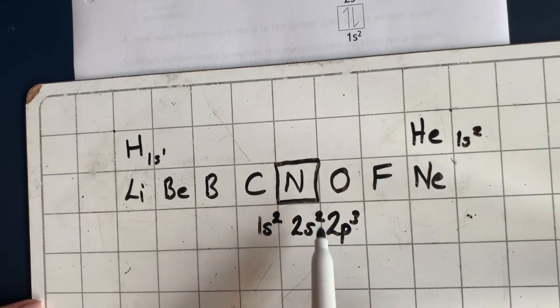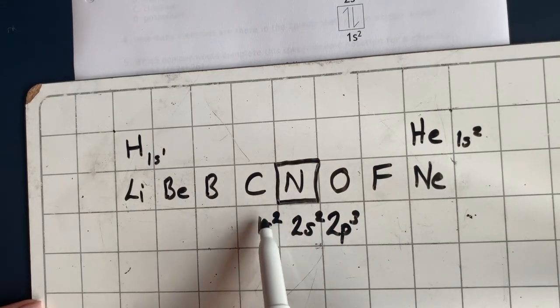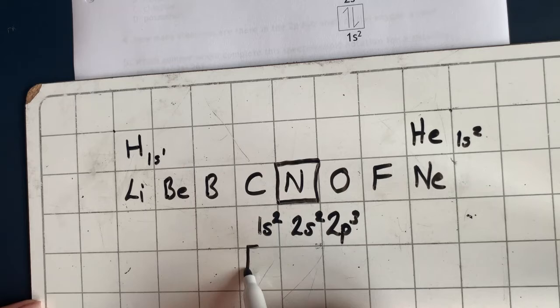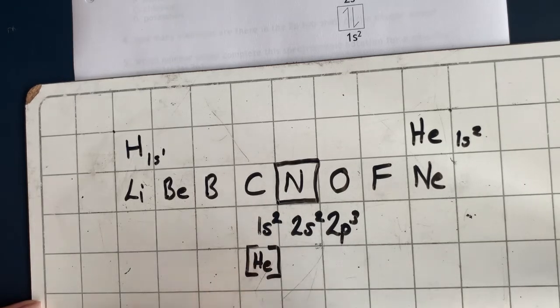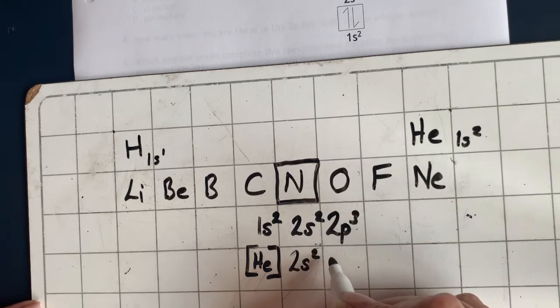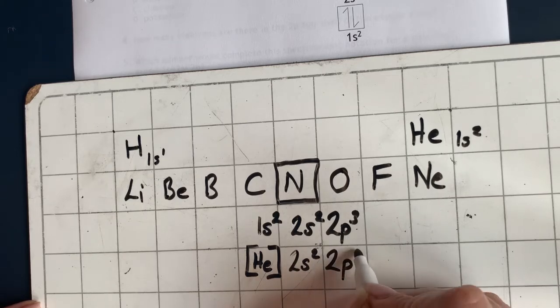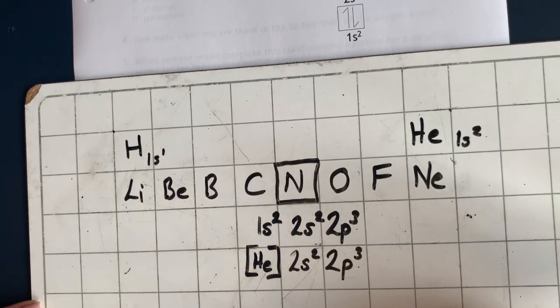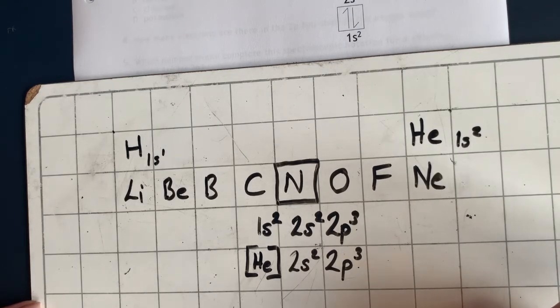So for nitrogen, we can take out our 1s2 and just use the electron arrangement of helium, and then say that we've got [He] 2s2, 2p3, which is the shortened electronic configuration.